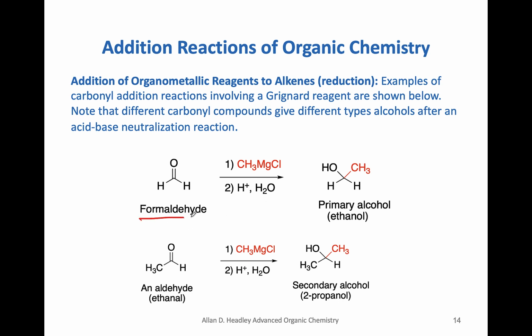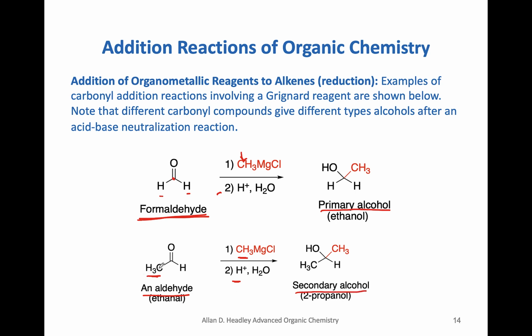So if you have formaldehyde, for example, two hydrogens, electrophilic carbon, nucleophilic carbon here from the Grignard, followed by hydrolysis, gives you an alcohol. Notice it's a primary alcohol that's coming from formaldehyde. Here is an aldehyde because it has one alkyl group reacting with a Grignard reagent here, followed by hydrolysis, gives this as a product. Notice it's a secondary alcohol.